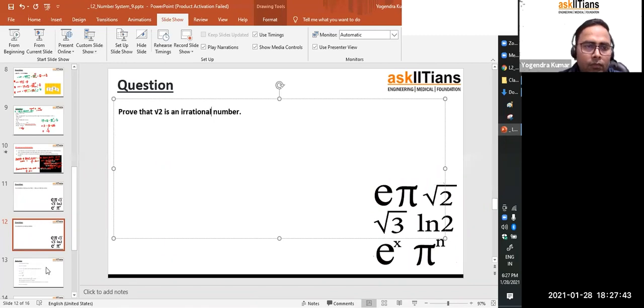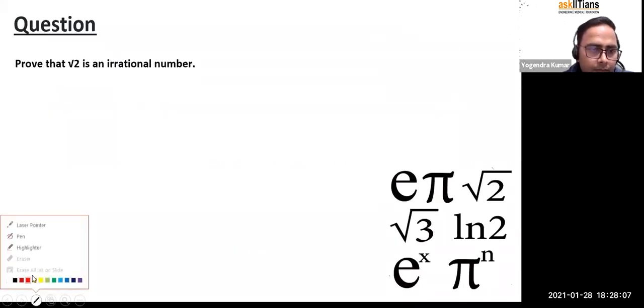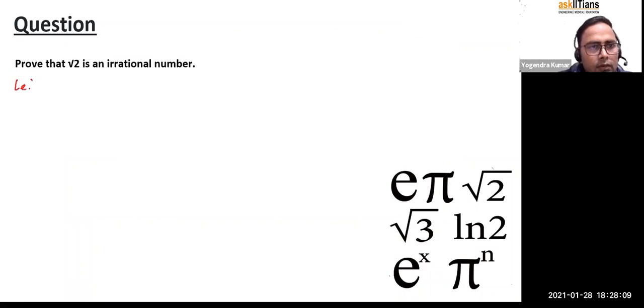Right. I think we are good to go. So this is what we want to prove. What we do here, we start with the contradictory statement. We need to prove that root 2 is an irrational number, but let's say root 2 is a rational number.